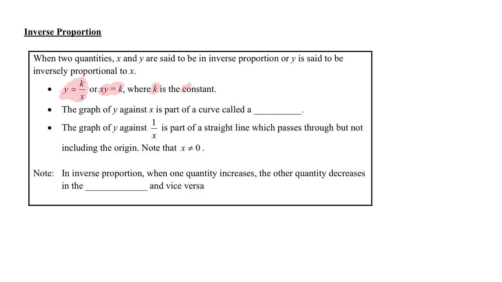And this k is a constant, meaning there is this fixed value that relates x and y. When I multiply x with y, it always gives me this fixed value k. Okay? And there is also another observation that can be made.